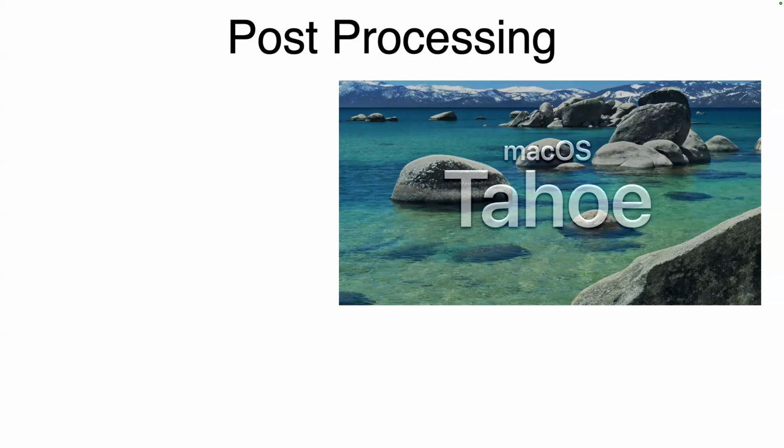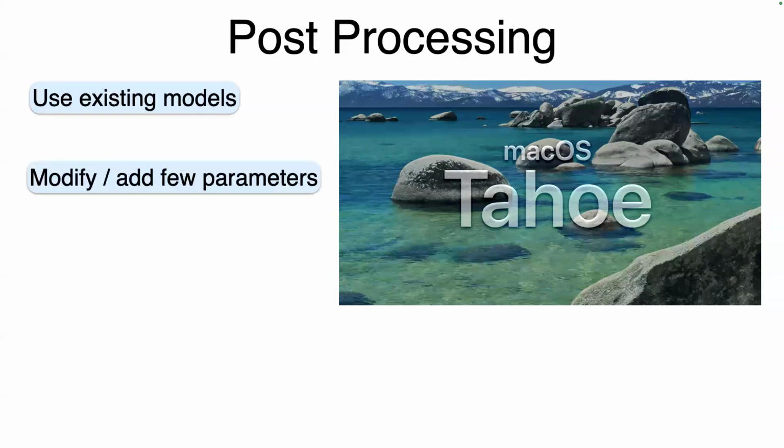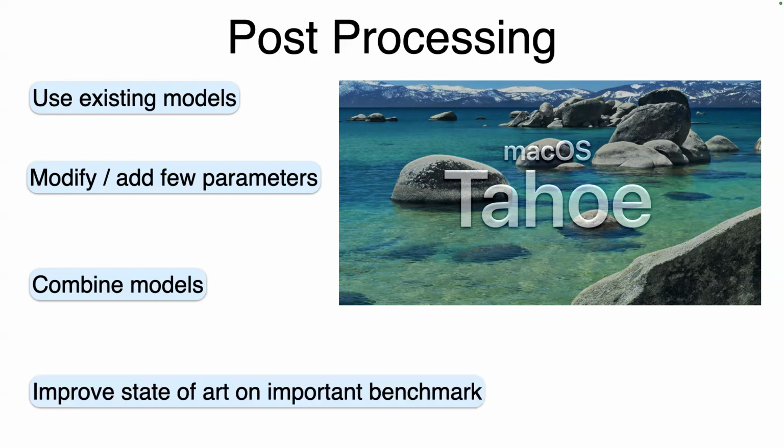Okay, so that's the goal. What we'll talk about is using existing models and then modifying or adding a few parameters, and that's one approach. Another approach is to take different models and combine them and improve the state-of-the-art on an important benchmark that I will show. Okay, cool.